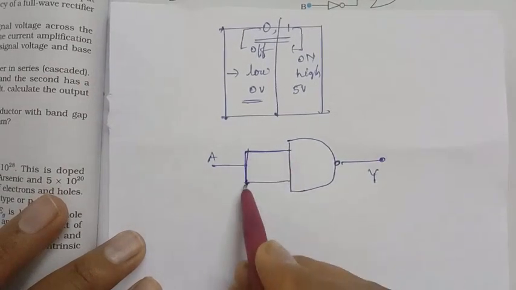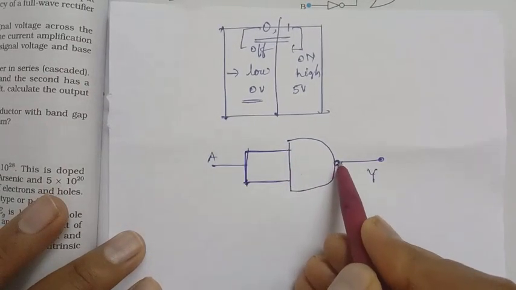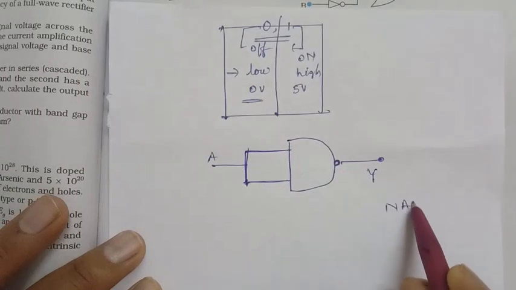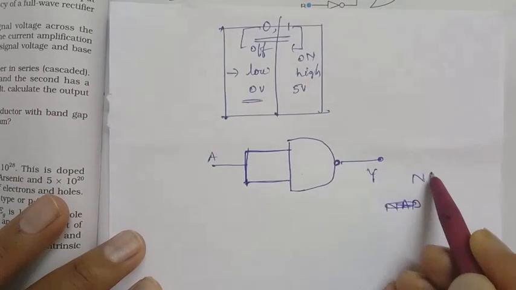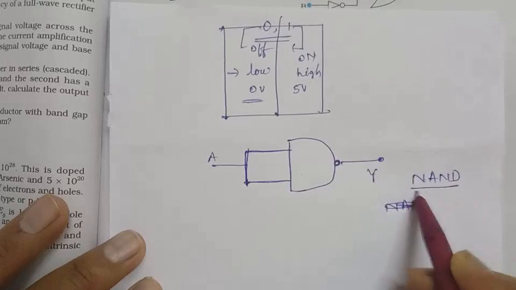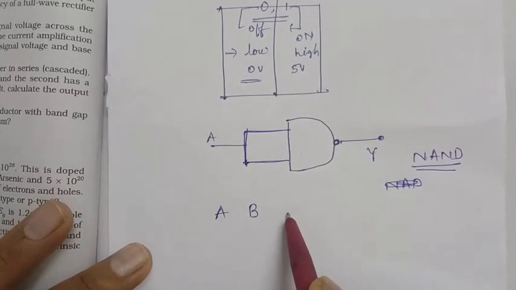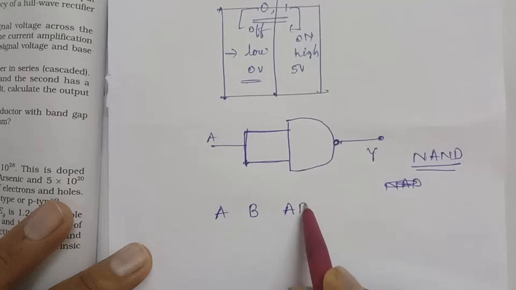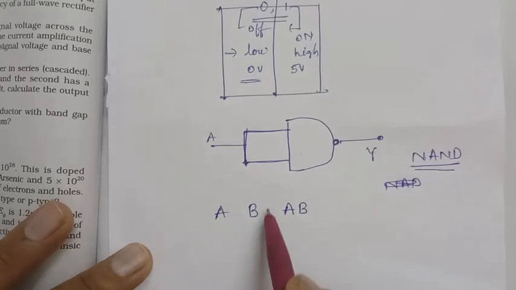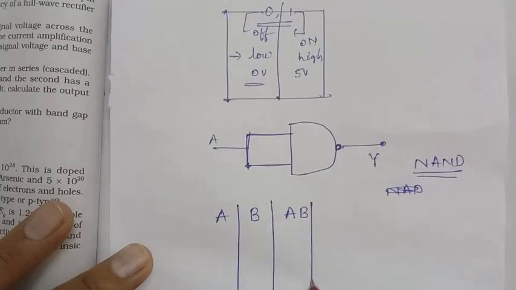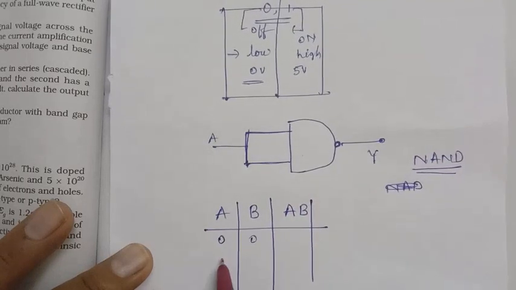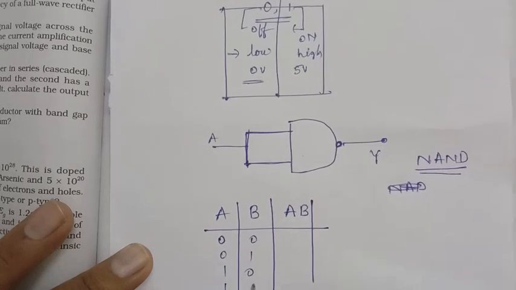So all of you observe, AND gate followed by NOT is called the NAND gate. So AND gate, A, B. AND gate means A and B. 0 0, 0 1, 1 0, 1 1.